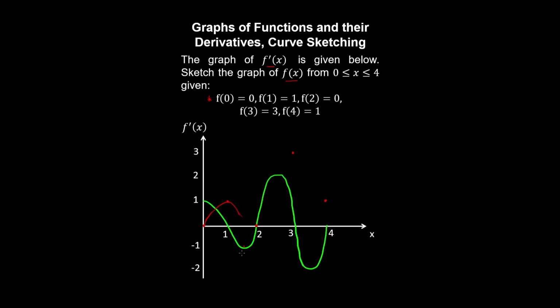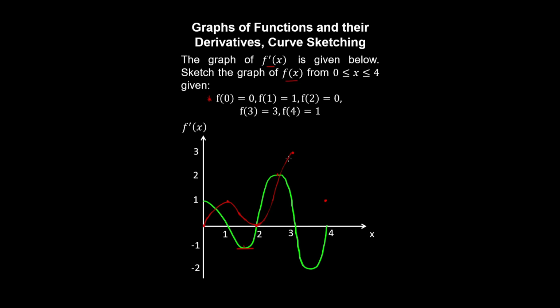And somewhere here, the slope of the tangent to the derivative is 0, or the second derivative is 0, so we have an inflection point or a change in curvature. And the derivative is 0 at x equals 2, so we have a critical point, so a change in direction. And then somewhere here we have an inflection point, because the second derivative is 0, so we have a change in curvature.